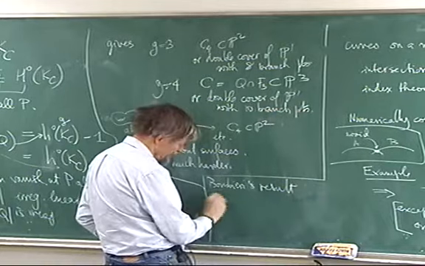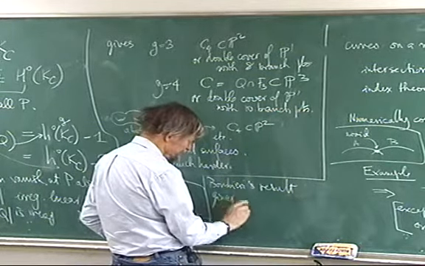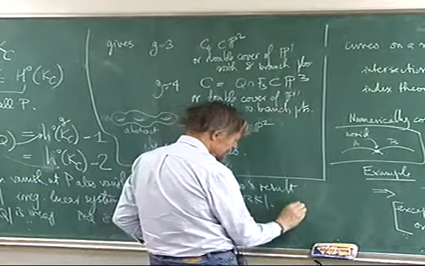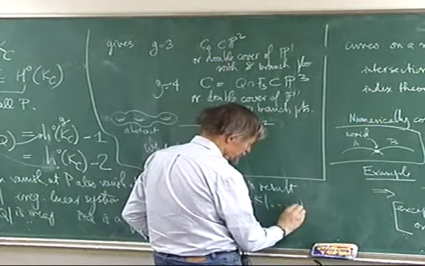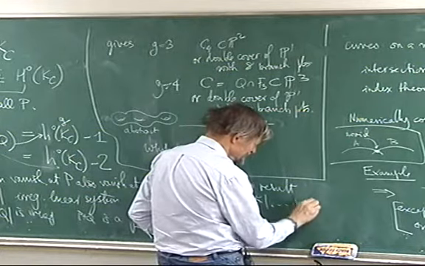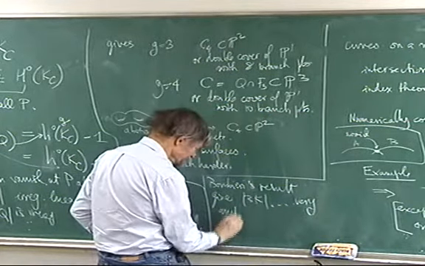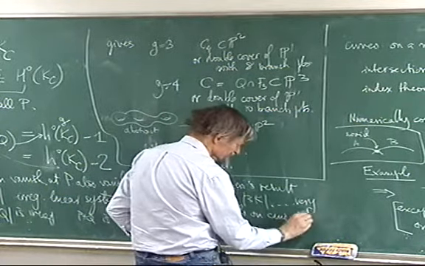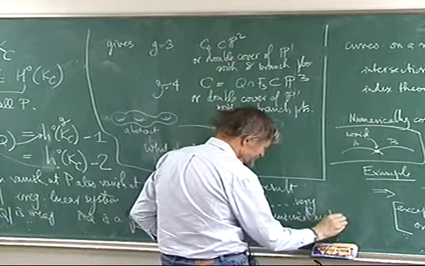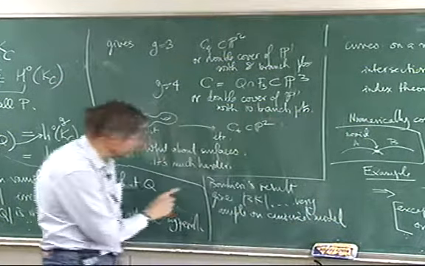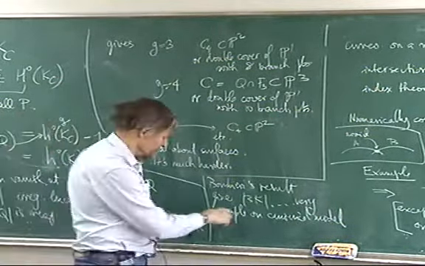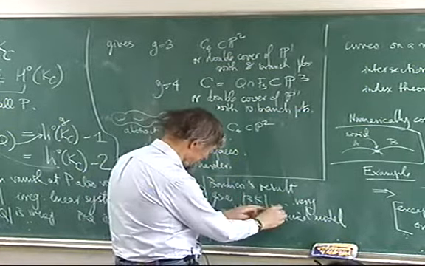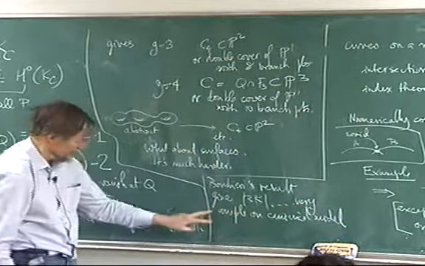Give 3K or etc. ample, very ample on the canonical model. And also we understand about 2K. As I said, there are some exceptions here. I'm not trying to make a correct statement.